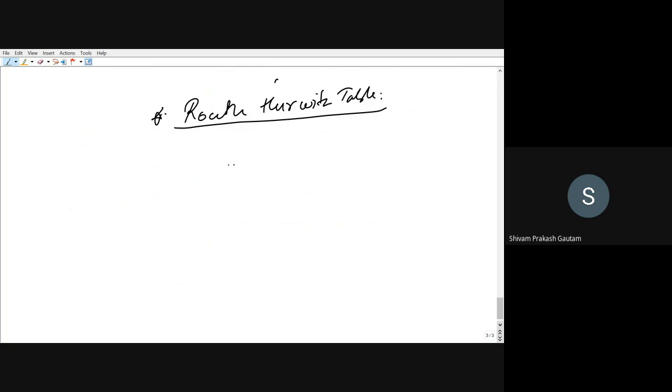Rather than giving the whole description about the generalized way, we will be seeing this table through solved examples.